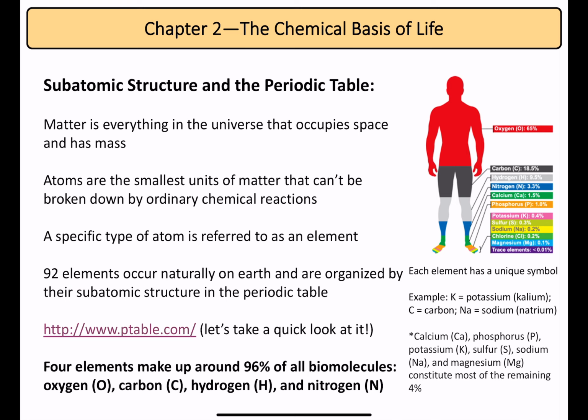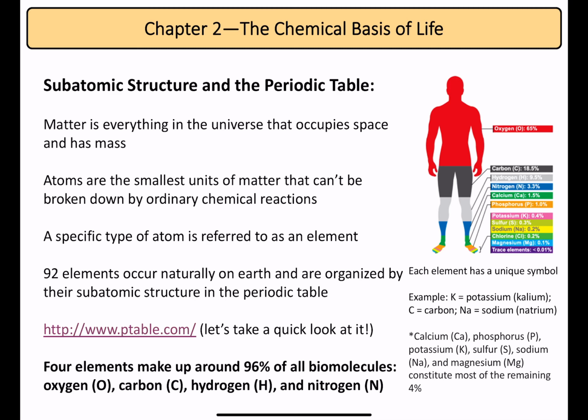And those 4 classes of biological molecules are primarily made up of just 4 elements. And those 4 elements are oxygen, carbon, hydrogen, and nitrogen. So around 96% of your entire body is made up of just those 4 elements in various ratios.